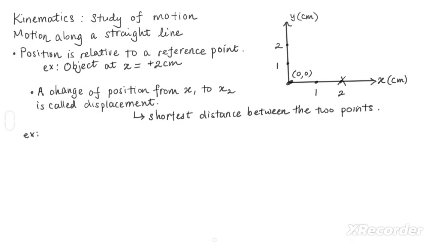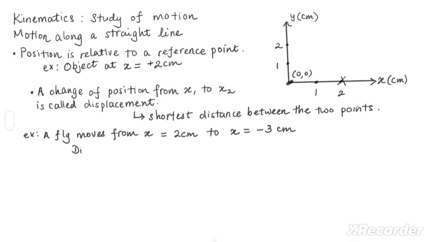So for an example, let's say we have a fly. So a fly moves from, say, x equals 2 centimeters to x equals negative 3 centimeters.